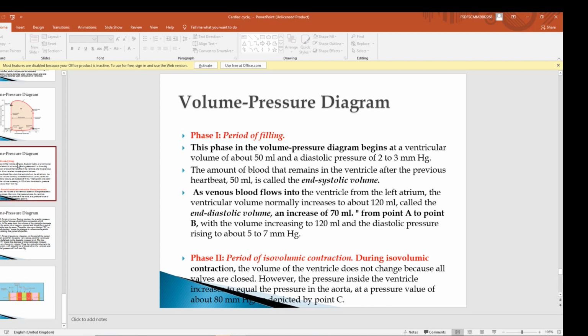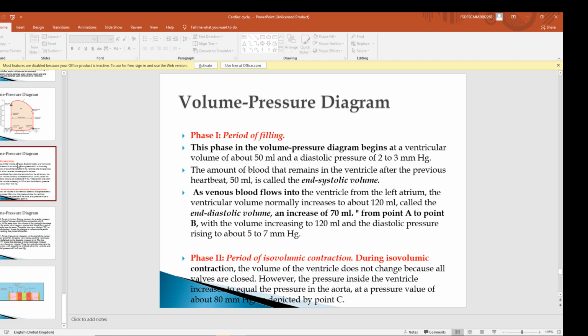The period of filling, this phase in the volume pressure diagram, begins at the ventricular volume of about 50 ml and a diastolic pressure of about 2 to 3 millimeters of mercury. The amount of blood that remains in the ventricles after the previous heartbeat was only 50 ml and is known as the end systolic volume.